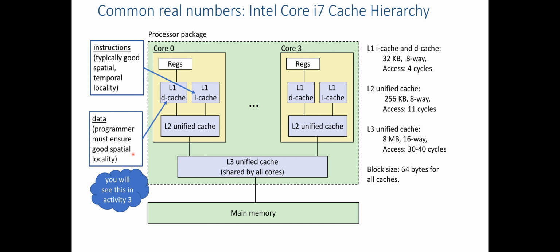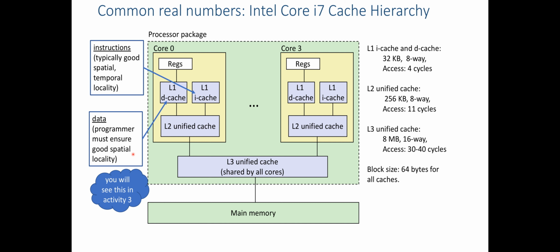The idea here is that in activity 3 now, you will be using a program called Valgrind that lets you see, in the L1 instruction cache and D1 data cache, how many cache misses there were. So you get a very good indication of exactly what happens in your program.